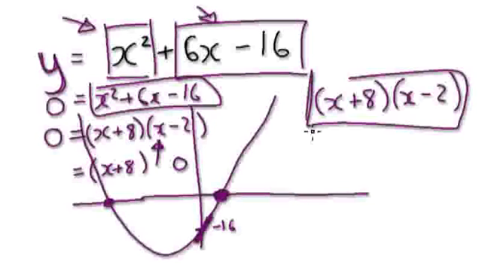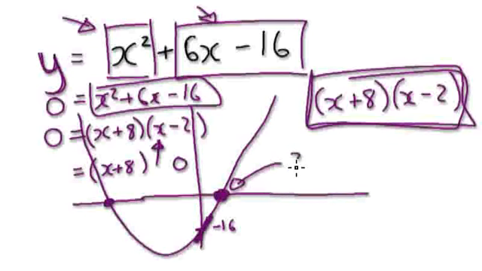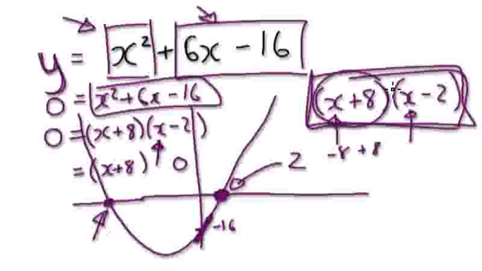Given this, this point here will be 2, because if you put positive 2 in here, this whole thing is 0. Now, if you put negative 8 in here, negative 8 plus 8 will be 0. So if you make this term 0, then the overall thing will be 0. My point is that once you factorize something, you can actually tell where it crosses the x-axis.